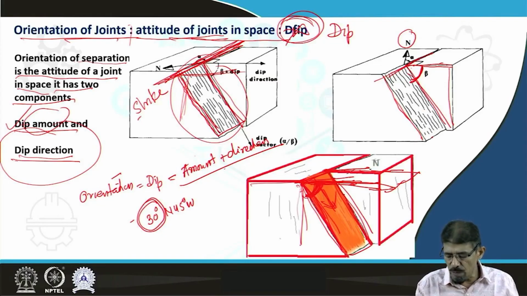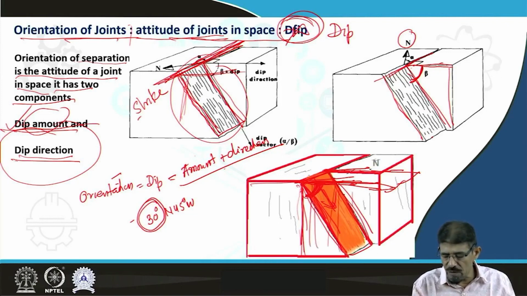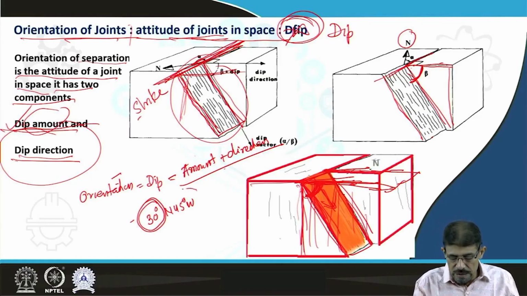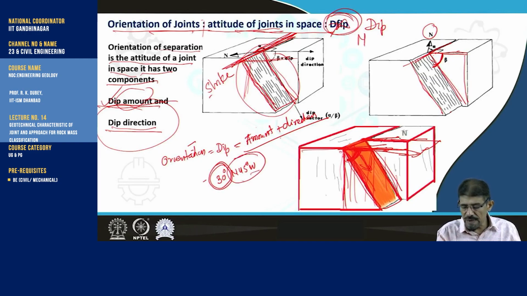We always measure the dip amount in a vertical plane. In this section we measure this north 45 degree west, from the north, 45 degree west. In this direction this plane is dipping, and dipping with this 30 degrees.